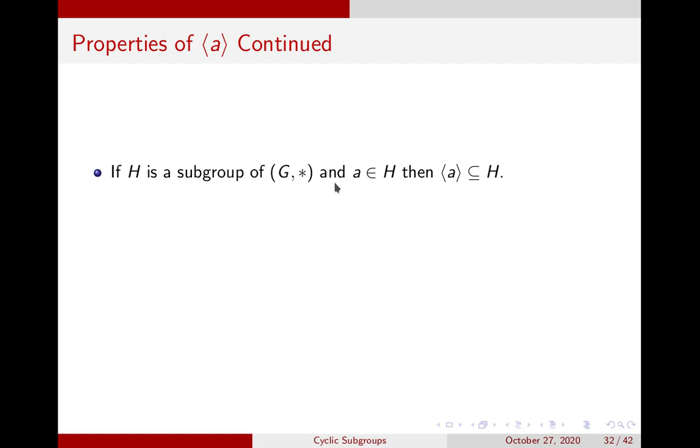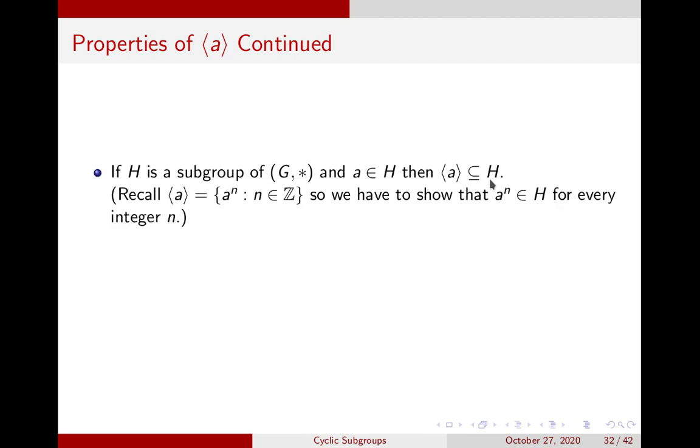And suppose little a is an element of G which is in H. Well, then the subgroup generated by A will be a subset of H. This is a reminder that the subgroup generated by A is the integer powers of A. So what we have to argue is that every integer power of A is in H.